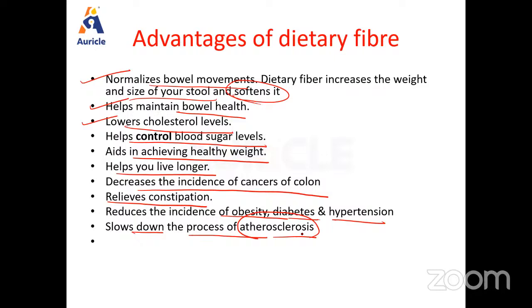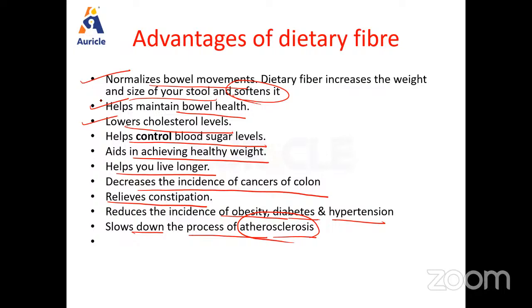These are the main advantages of dietary fibers. A short note question on the advantages of dietary fibers or on dietary fibers can come. If it comes, the student needs to mention a brief introduction of dietary fibers, and they can also include these advantages.